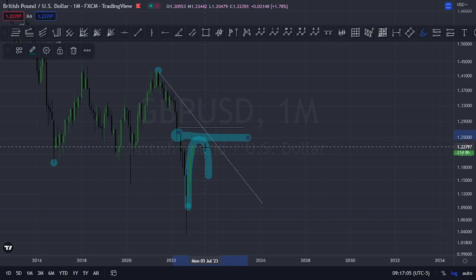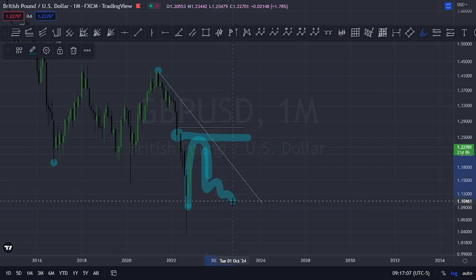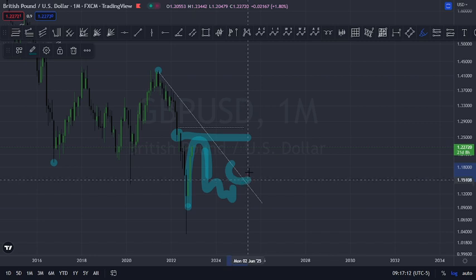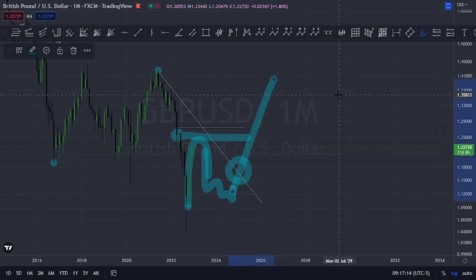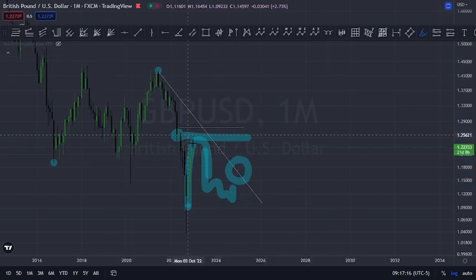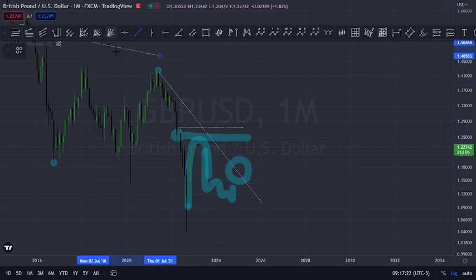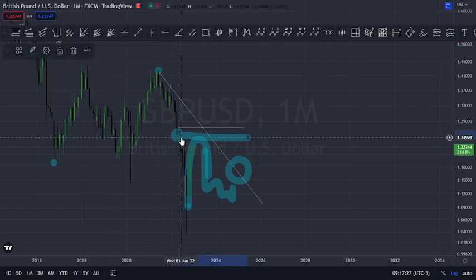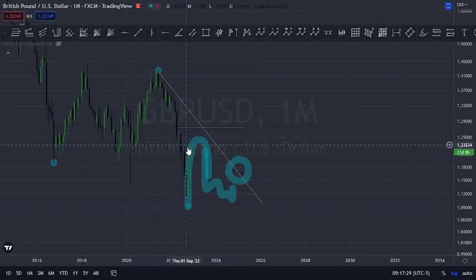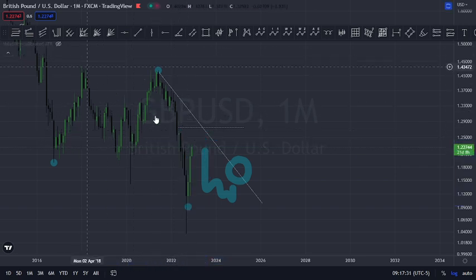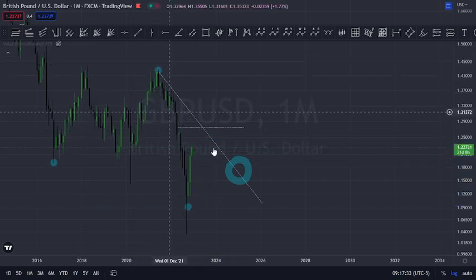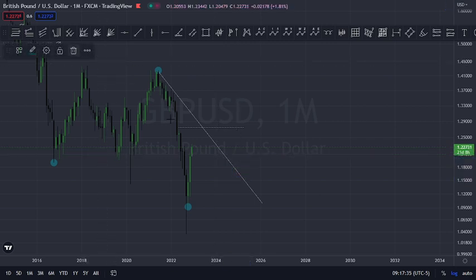So I'm visualizing something like this, and I don't know, because this trend line is due to break for some move. So for the British pound, this is my analysis. Quite simple, smooth and to the point. I really hope you guys understood.